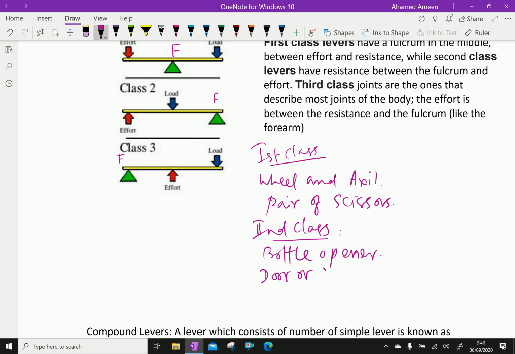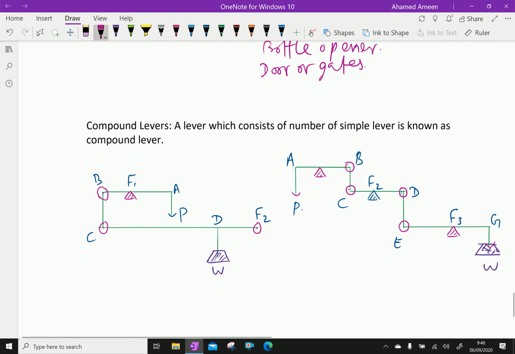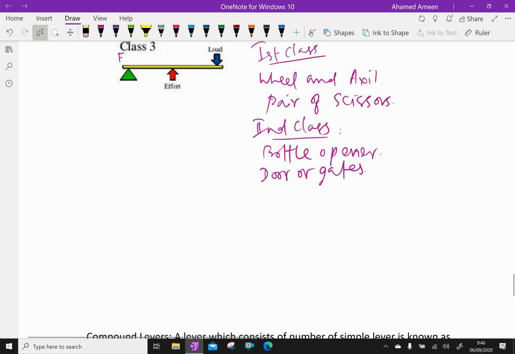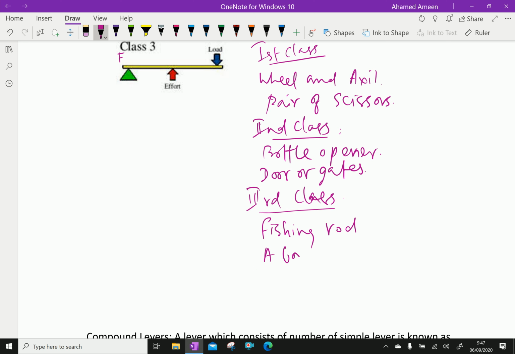And for third class levers: fishing rod, and bow and arrow. These are the examples of first class, second class and third class respectively.